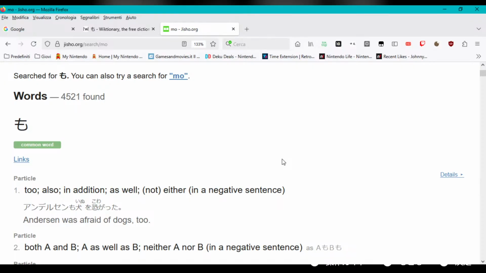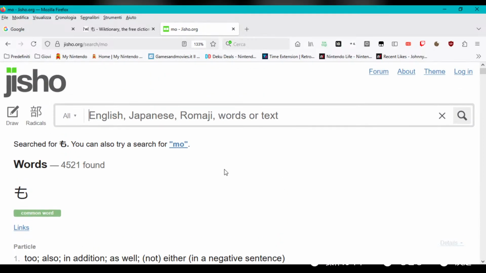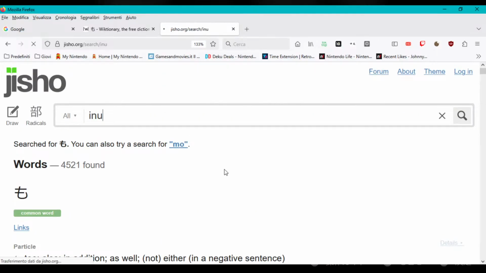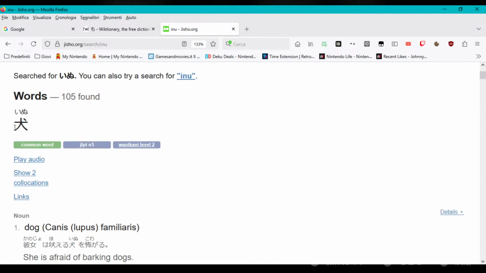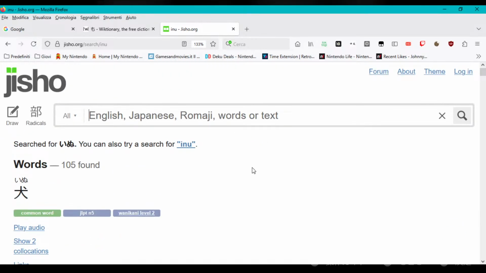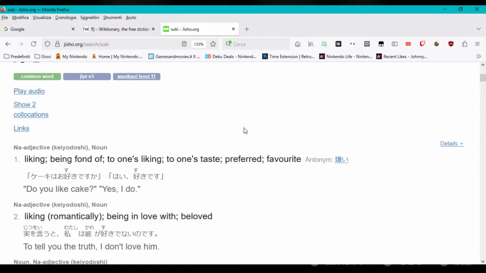For example, taking inspiration by the example here, we can see, for example, by combining it with inu, as a reminder, that's the word for dog, and with the na-adjective suki.